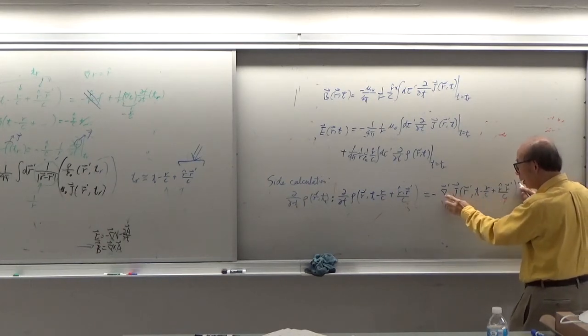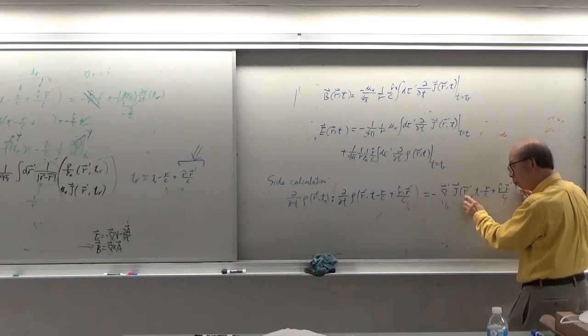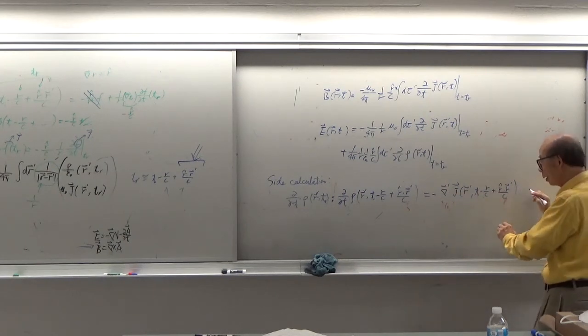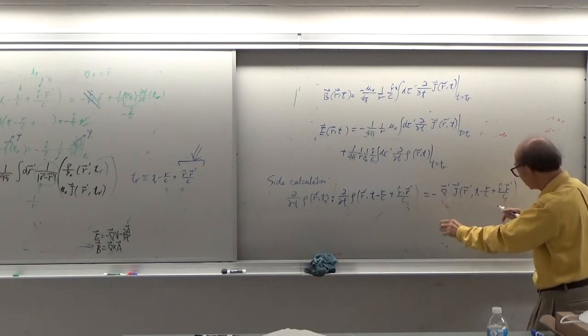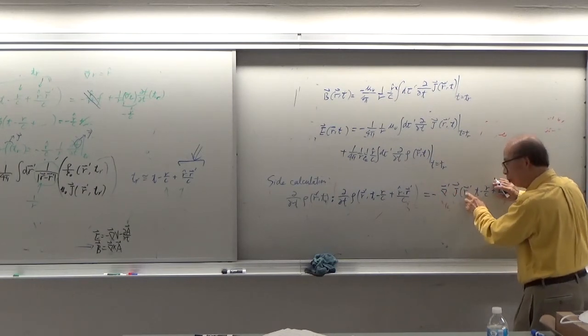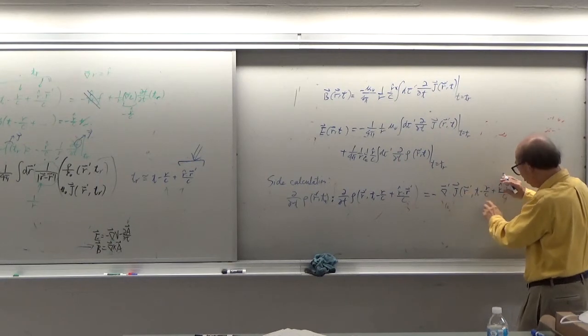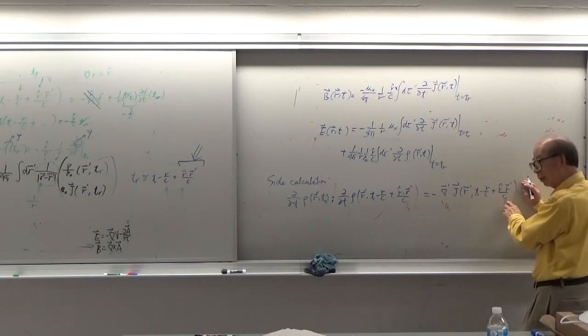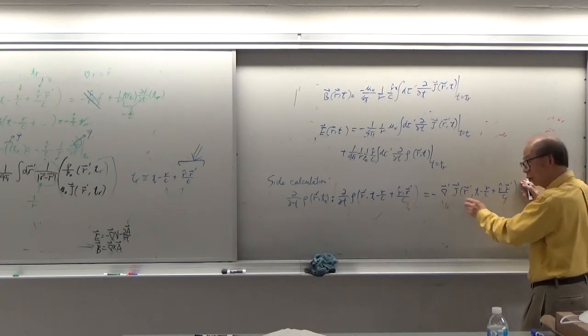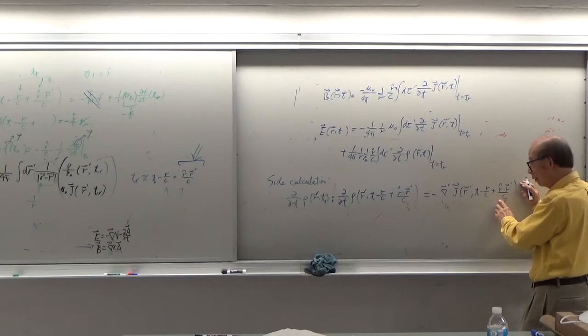So this grad prime acts on R prime in J. It also acts on this in J. But conservation of charge only says that this divergence only acts on this R prime, the position dependence, not on the time dependence. But there is. So we have done too much of the gradient derivative operator.